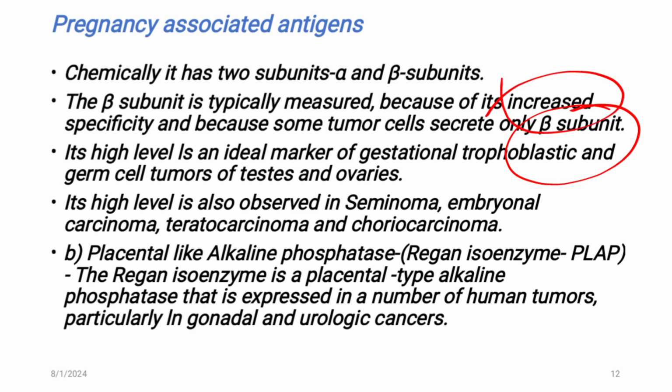Okay, so its high level is an ideal marker for gestational trophoblastic and germ cell tumors of the testes and ovaries. Its high level is also observed in seminoma, embryonic carcinoma, teratocarcinoma, and choriocarcinoma.